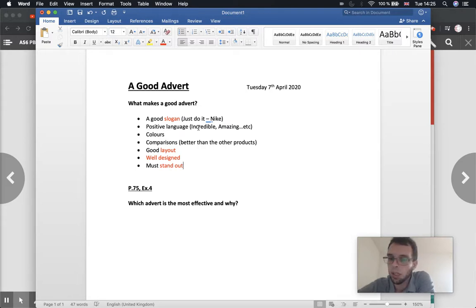That's using extreme adjectives, saying it's incredible, it's amazing, and always saying positive things about the product, using different adjectives to describe it. It should also be colorful. If we look at the adverts from the previous classes, the good ones had lots of colors and they were very noticeable.